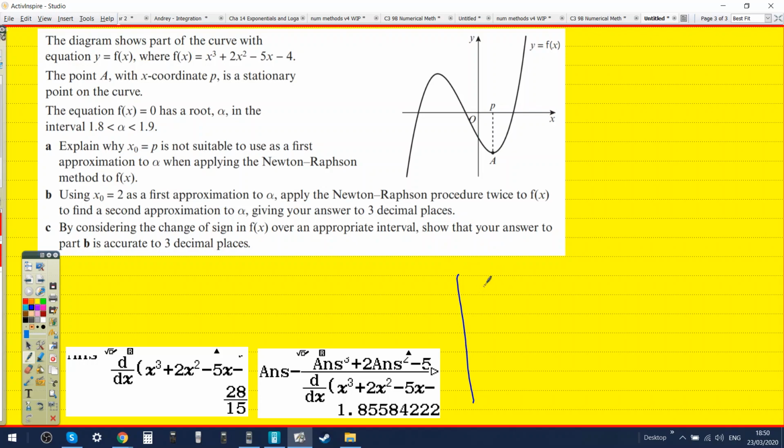We had answer minus f of answer, so answer cubed plus 2 answer squared minus 5 answer minus 4.